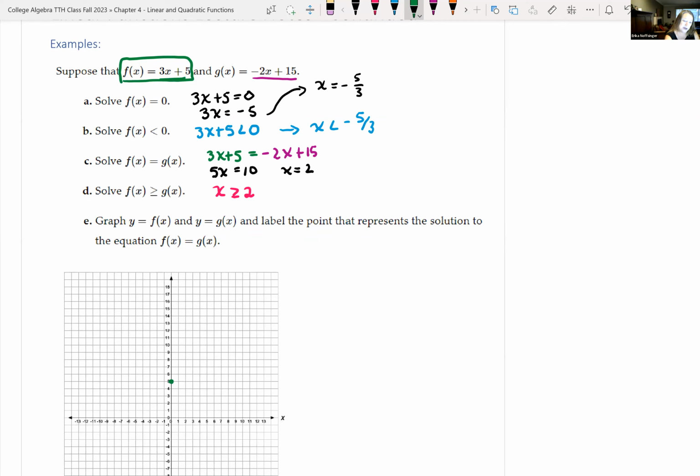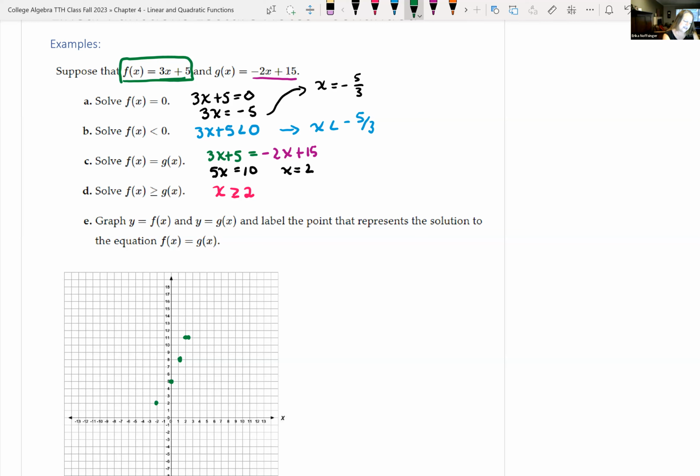My slope is 3, so if I rise 3 and go over 1, so 1, 2, 3 up, over 1. If I go down 3, I would go over 1 to the left, so down 3 from 5.